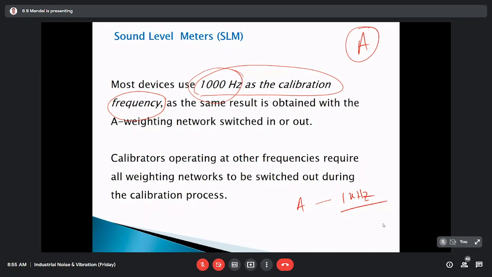I will show you the calibrators also in the next class. When you are going for field work, you must carry the calibrators, especially when the temperatures are very low or very high, in summers or winters, as there would be certain changes.